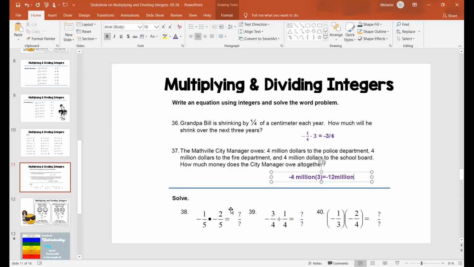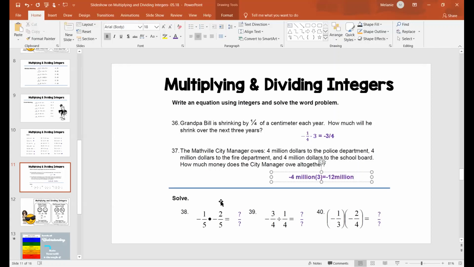Now let's go ahead and look down here at these scary things. Okay, so I want to show you, we talked about integers mostly, except for number 36. Number 36, -1/4 is not an integer. It's a negative number. So I want to prove to you guys that the same rules apply to multiplying and dividing negative numbers, not just negative integers.